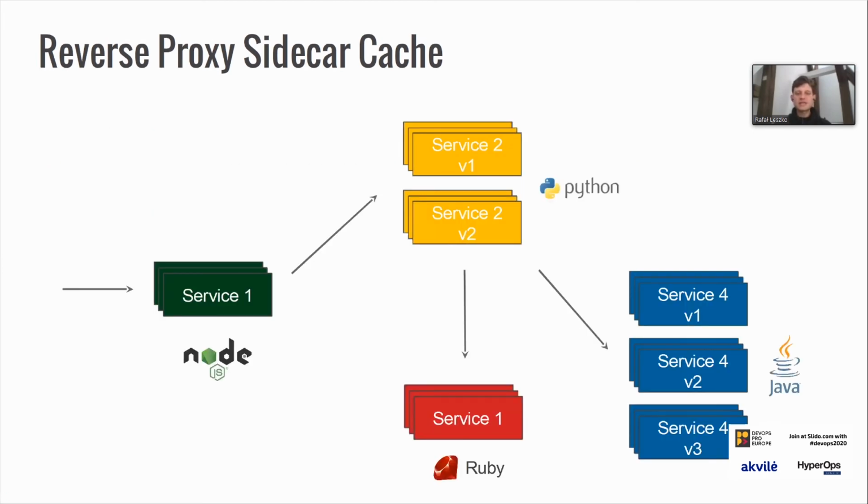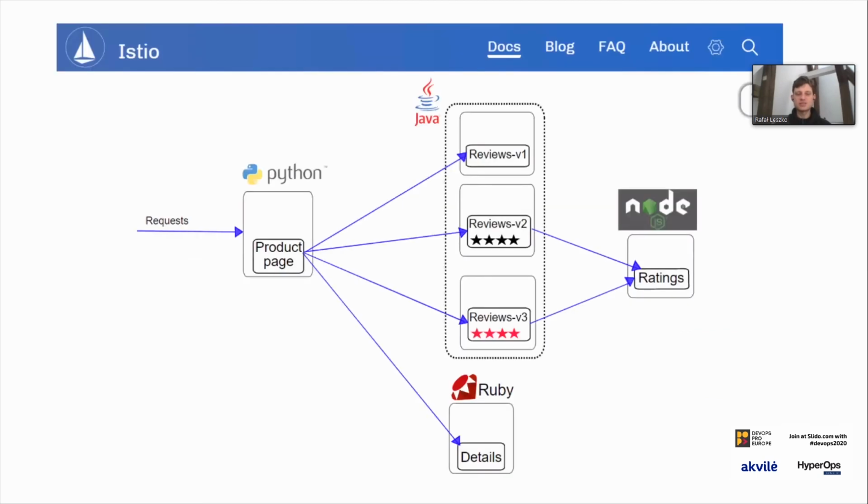Now, if we look at this diagram again, you may think it's similar. If you are really in the Kubernetes world, you may say it's similar to the Istio framework, and you would be right, because that's the idea of Istio, that it uses the sidecar, which is more generic, to redirect the traffic and to use for security.